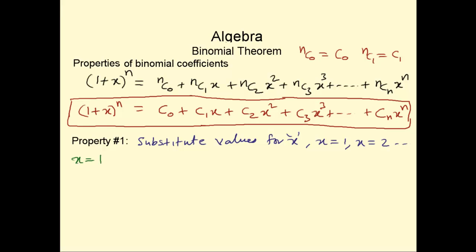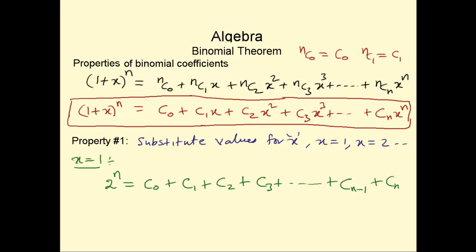If you put x equal to 1, this becomes 1 plus 1 is 2. So 2^n is equal to, and this becomes C0 plus C1, so x is 1, plus C2 times 1 square is 1, C2, plus C3 times 1 cube is 1, so C3, plus so on, plus the one before would be Cn-1, and the last one is Cn, 1^n is 1.